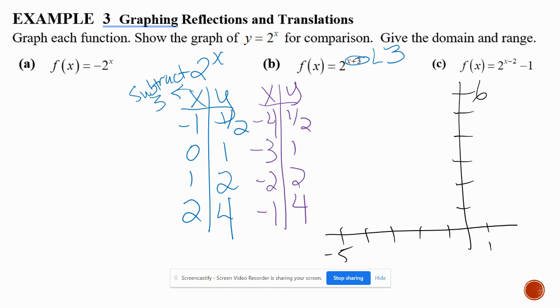Graphing this, we have negative 4, a half, negative 3, 1, negative 2, 2, and negative 1, 4.